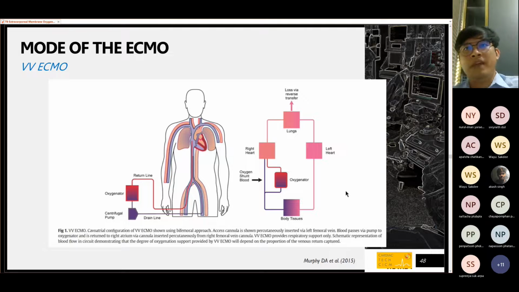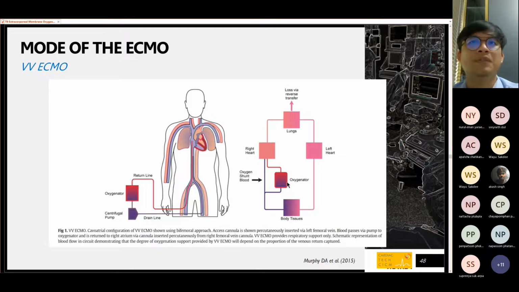So VV ECMO is parallel with the lung. Let's say the lung and oxygenator here. You have exchange before you give the blood back to the lung. So the oxygenated blood still goes to the lung.